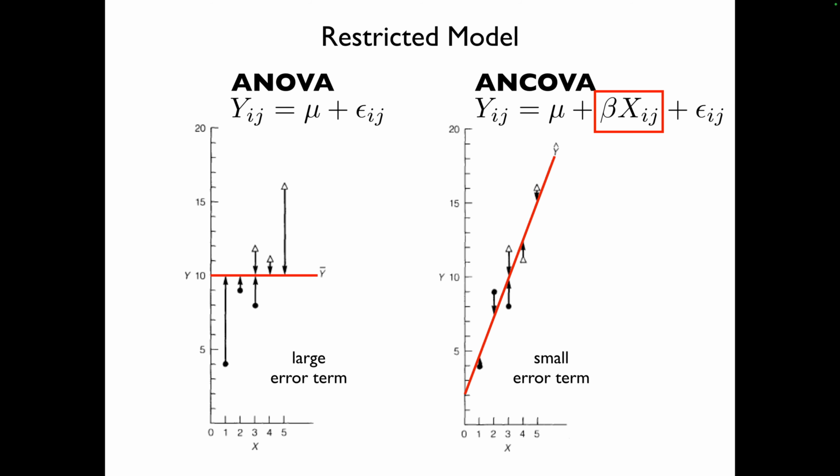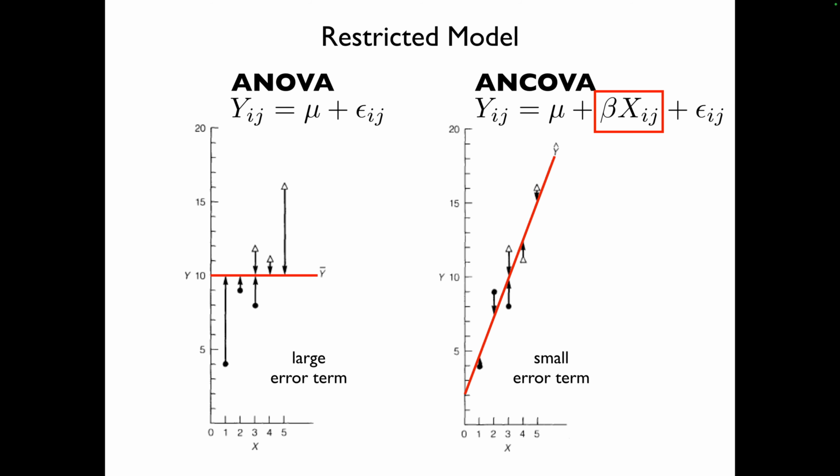Our restricted model would only say that y_ij, so hippocampus volume for all participants in all groups, is only due to mu, the grand mean, plus random variation. And so the vertical distance between each data point and the red line on the left would represent the error term, the denominator of our F ratio.